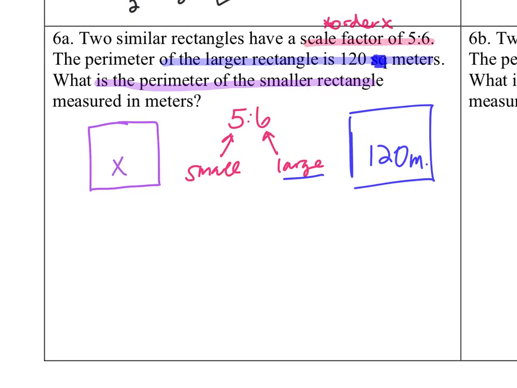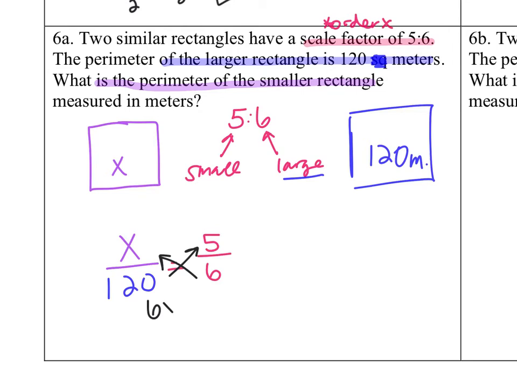So thinking back to number 4, the ratio of our perimeters is going to be equal to the ratio of our scale factor. Okay, so I can say that x over 120, again, I'm going in order according to my scale factor, equals 5/6. Okay, once we are here, we need to cross multiply.